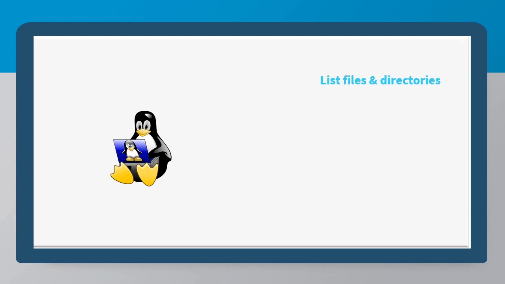Moving further in the section, next command is used to list directories and files. ls options displays the list of files and directories in the present working directory.